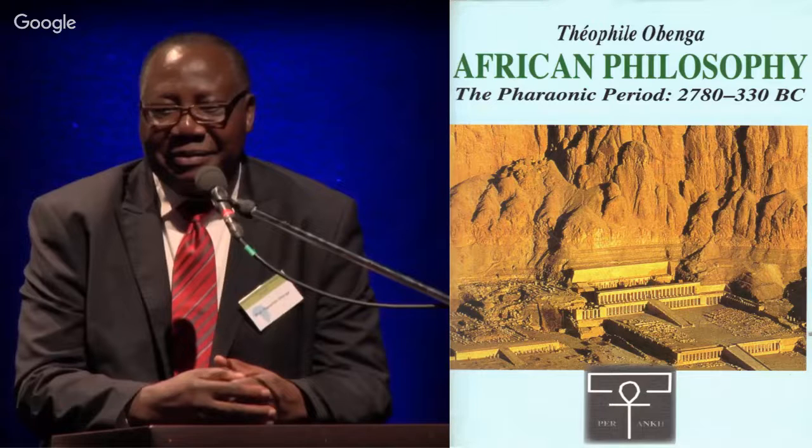But because he's on the screen, Dr. Theophilo Obenga and Cheikh Anta Diop, in the 1970s, were faced with combating the attitude and mentality of European academia that Egypt was formed and created, or the civilization grew out of a people that were non-Africans.